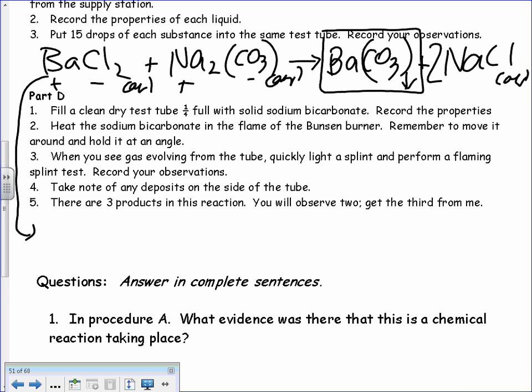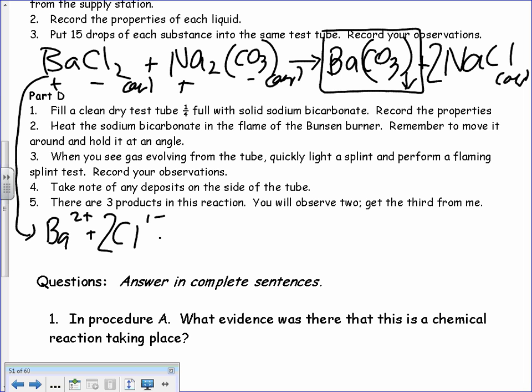This is aqueous. So the aqueous ones are ionizable. So we're going to break them up. So what does the barium chloride become? Ba2+ and Cl with charge 1 minus. And how many chlorines are there? 2 of them. That 2 subscript does say there are 2 chlorines, even a 2 right here in the front.